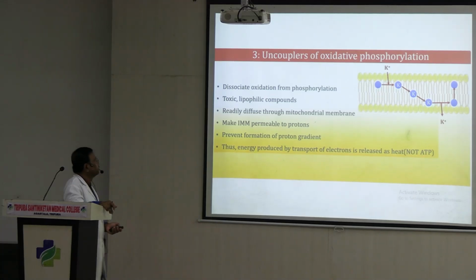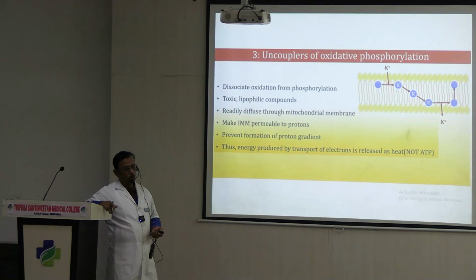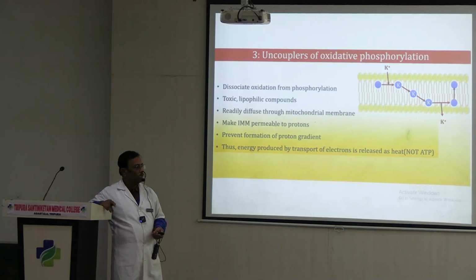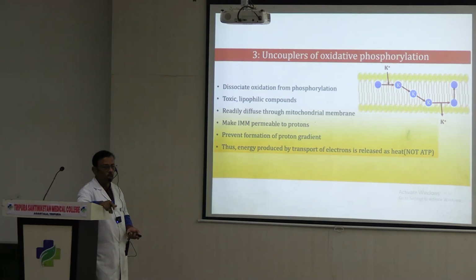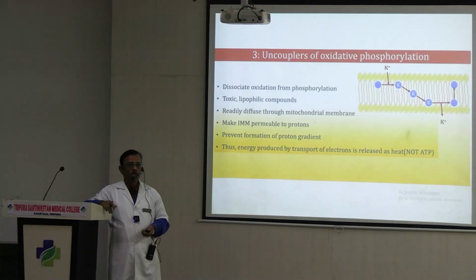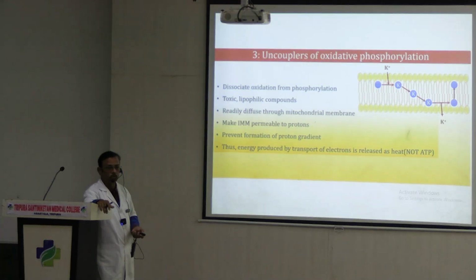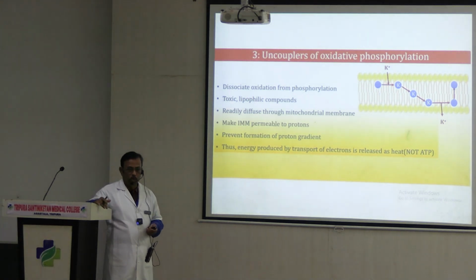Now, uncouplers of oxidative phosphorylation. For oxidative phosphorylation to occur, the proton gradient is a must. For generation of ATP, there is coupling of the electron transport chain with phosphorylation.